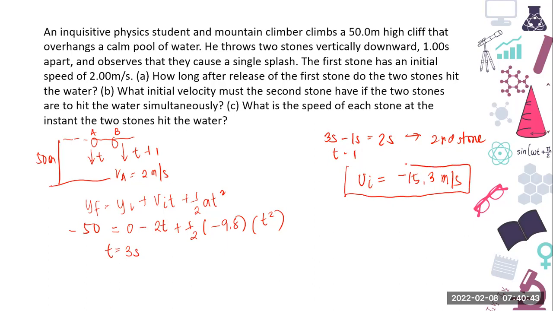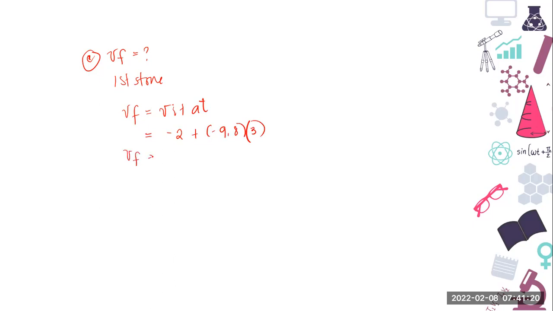I just saw the time, that's why I went a little faster. And finally, the third requirement will be the final velocity per stone. So for letter C, we're looking for Vf. For the first stone, we can just use Vf equals Vi plus at. We can use negative 2 plus negative 9.8 times the time, 3 seconds.